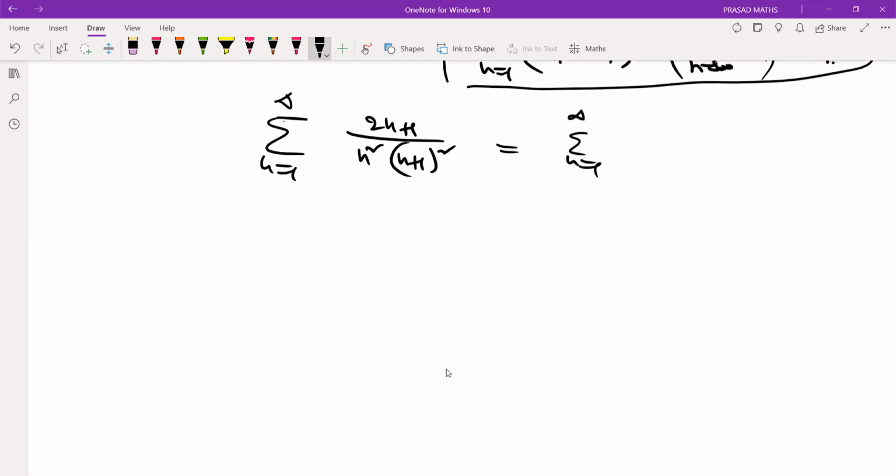What you get is 1 by 2 square, exactly 1 by 4 into 1 by n square. Partial fraction technique: suppose n equals minus 1. What you get is minus 1 by 1, which is exactly n plus 1 whole square.